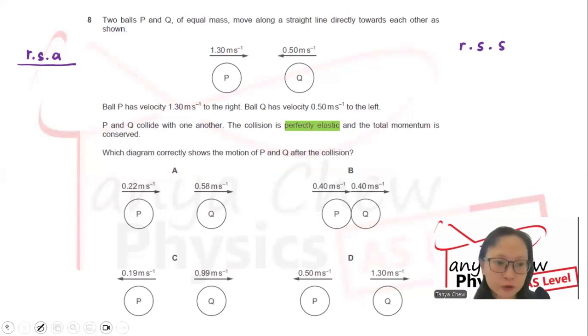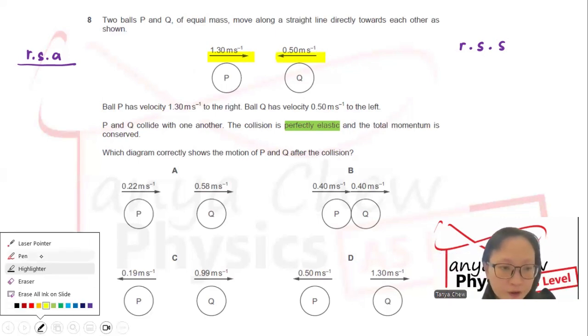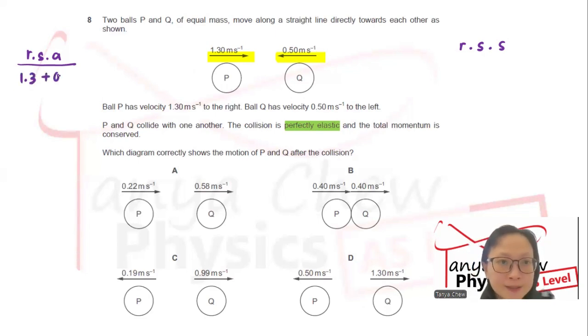So all you need to do, the shortcut, is to look at the direction of the velocities of P and Q. If P and Q are moving in the opposite direction, to find the relative speed of approaching, you just add up the two speeds. So it is 1.3 plus 0.5. You get 1.8 meter per second.